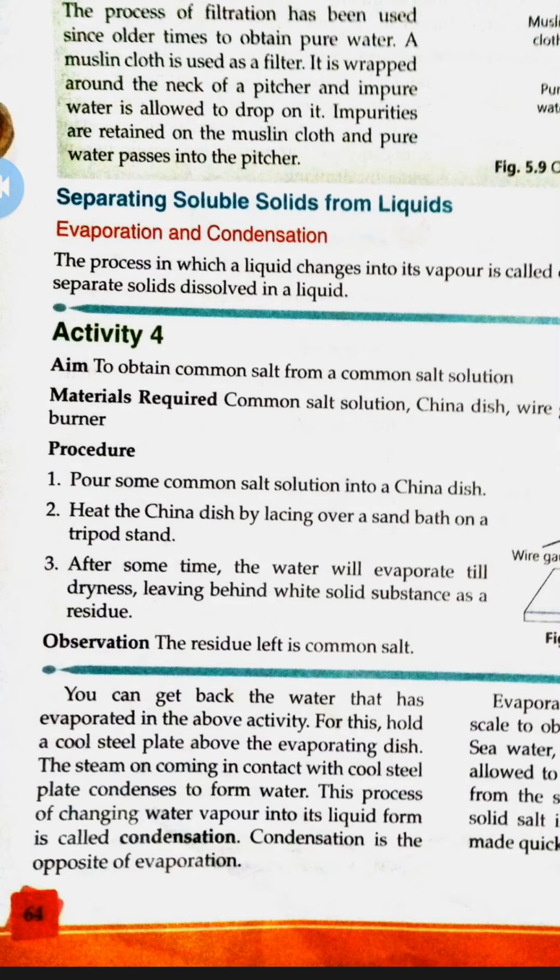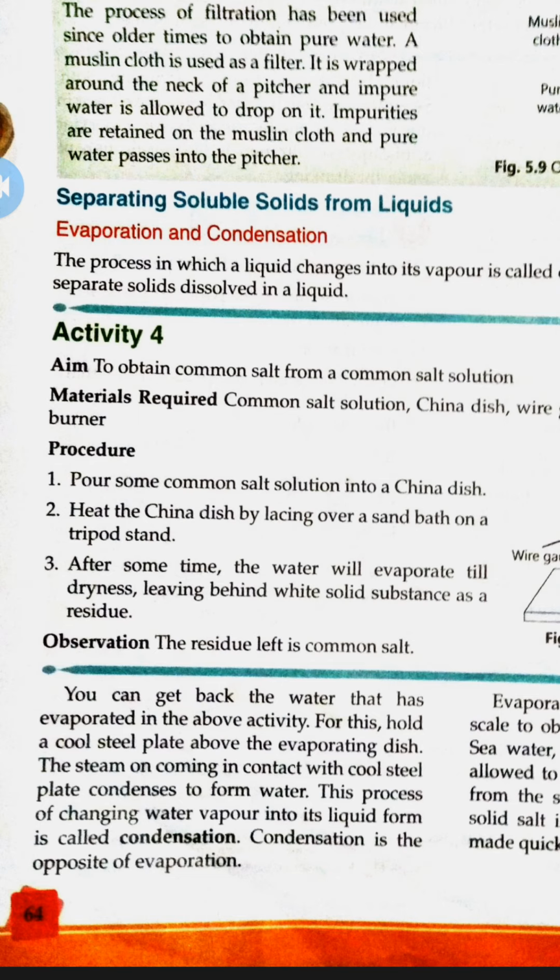The steam on coming in contact with the cool steel plate condenses to form water. Above the evaporating dish, you just hold a cool steel plate, and this water vapor will condense and form water.